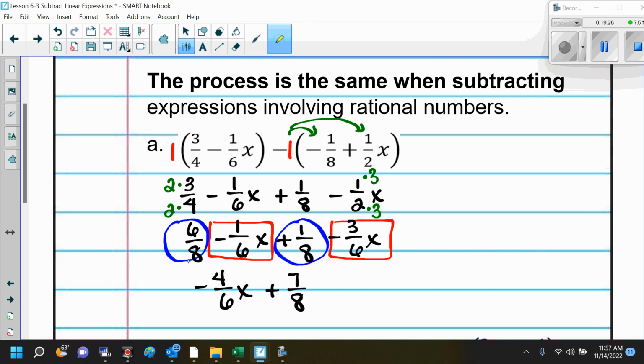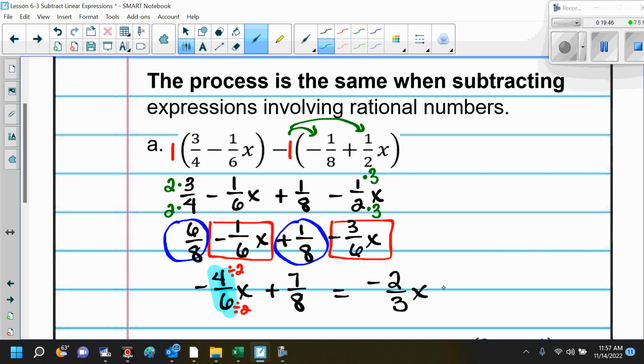And of course, you guys, we've got this 4/6, which we can simplify by dividing by 2. Very good. Divide by 2. And I'm going to write it over here because I don't have any space. So this is going to be a negative 2/3 x plus 7/8.